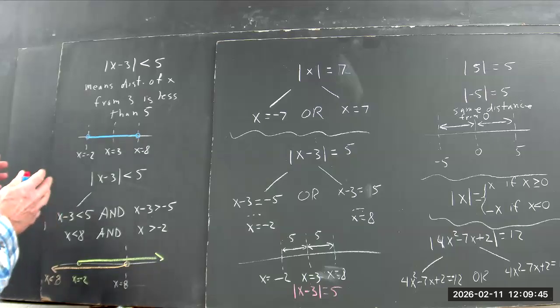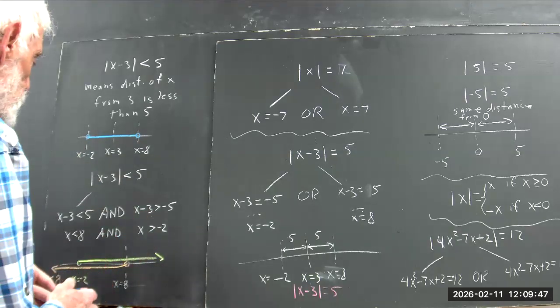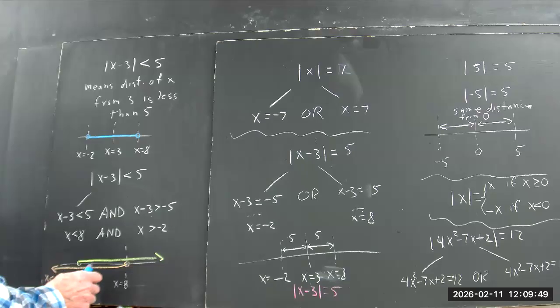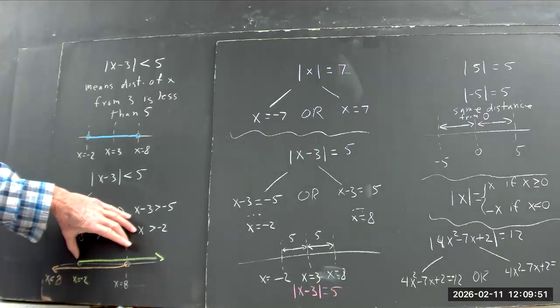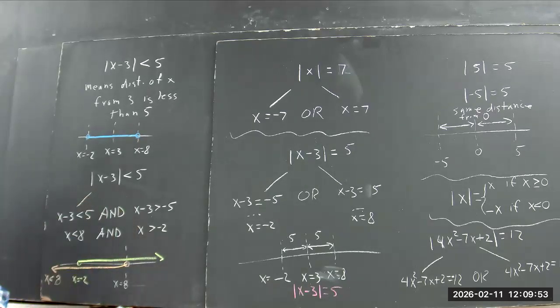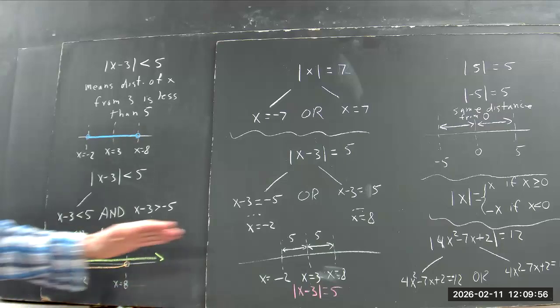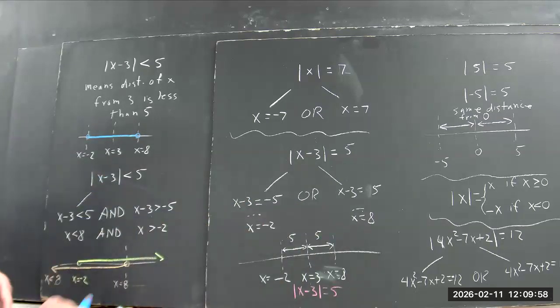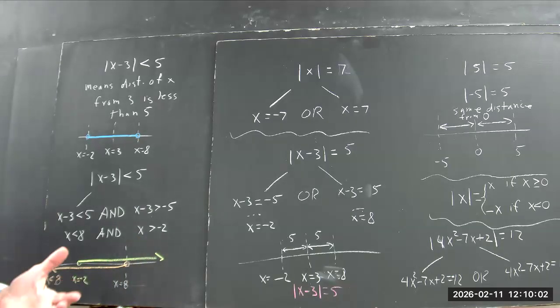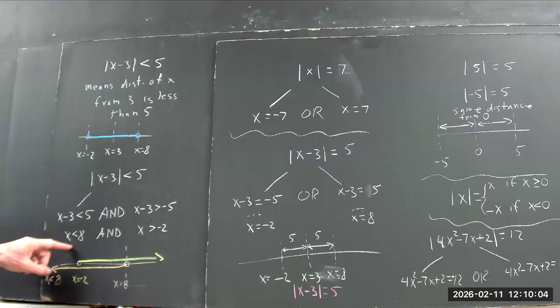If we have both x less than 8 and x greater than negative 2, that only occurs between negative 2 and 8. The parts of the arrows that go to the right past 8 and to the left past negative 2 don't satisfy x less than 8 and x greater than negative 2.